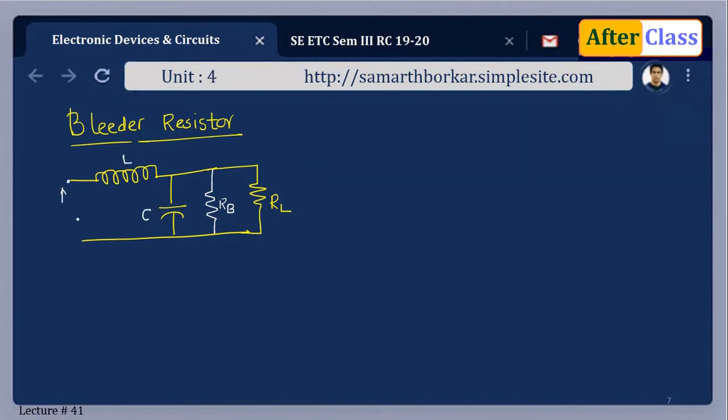Input to this circuit is a full wave rectified signal Vi. Fine. Now the analysis that we have carried out in the previous slide, it was assumed in the analysis that for a critical value of inductor, either of the diode is always conducting. Fine.